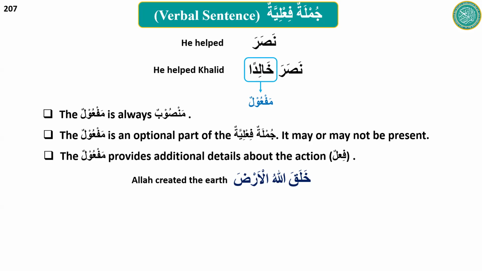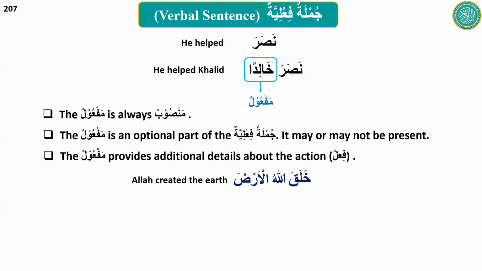Label it. What is the fail? The fail is khalaqa. What is the fa'il? Allah. What is maf'ul? Al-arda. Okay. In this sentence, is the fa'il inside the fail now or outside the fail?